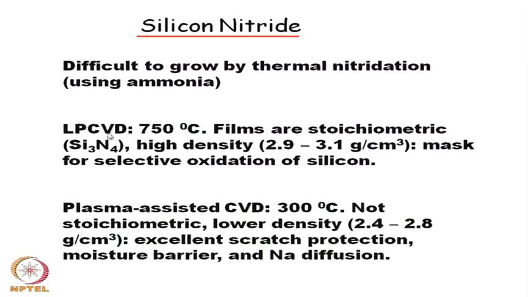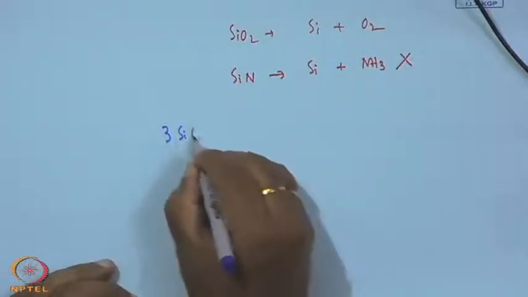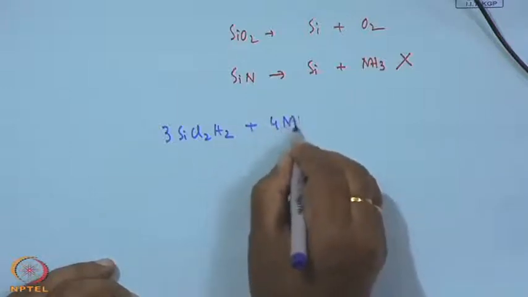Now, in plasma assisted CVD, more energy is supplied apart from the thermal energy, because plasma energy is coupled with the thermal energy. So, more energy is supplied for making the reaction to happen. In case of LPCVD, low pressure CVD, the reaction can be by dichlorosilane, 3SiCl2H2 which reacts with NH3.